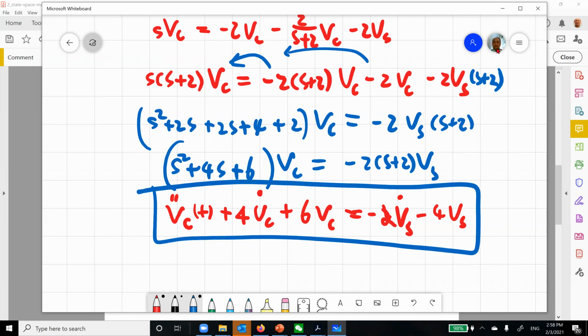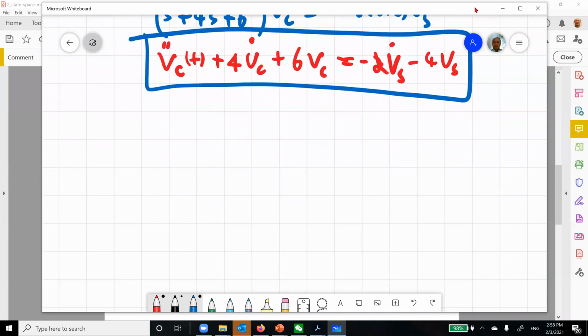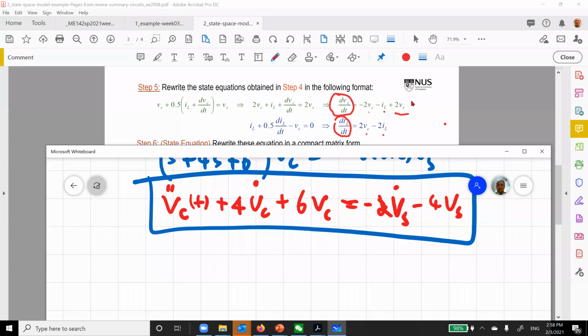Okay, what do we have for this simultaneous equation? I eliminate my IL. I end up with a second order ODE in scalar form.